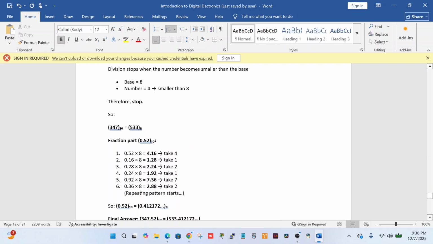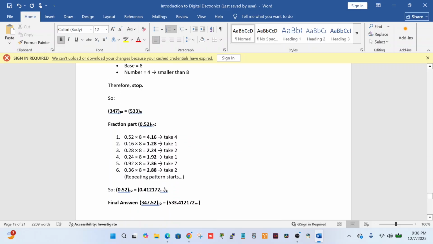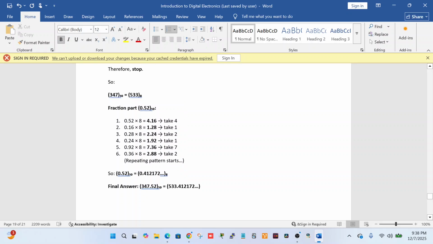Next, let's take the fractional part, 0.52. Multiply by 8; you can use your scientific calculator. 0.52 into 8 gives 4.16. This is your integer part, and this is your fraction part. Again take the fraction 0.16 into 8, 1.28.